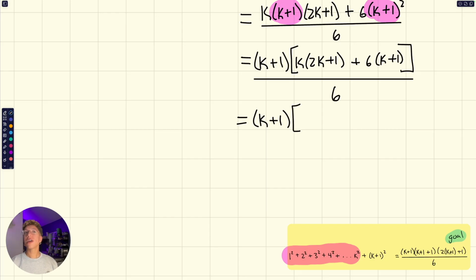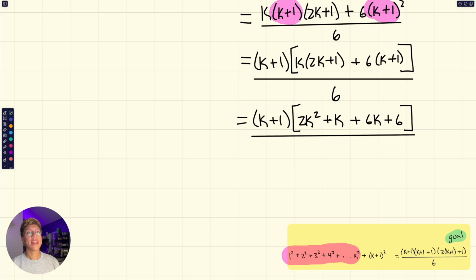Inside of our brackets, we are going to multiply it out this time, and we're going to get 2k squared plus k, and then plus 6k plus 6. All of that, again, is going to be over 6.